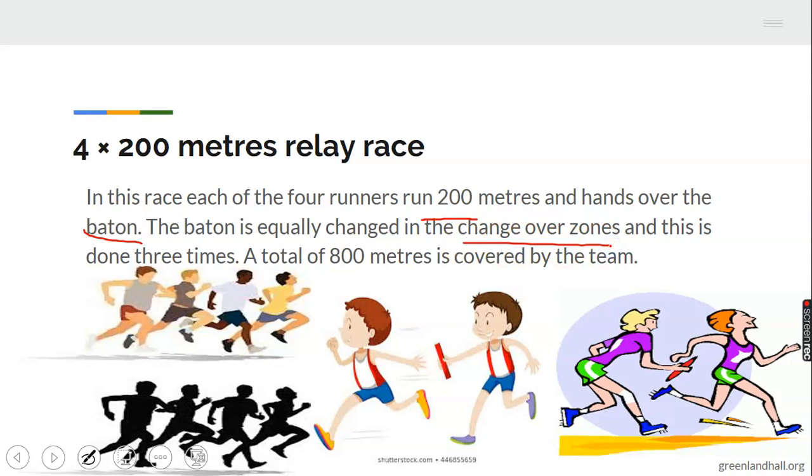And this is done three times. So a total of 800 meters is covered by the team, because this is a 4 by 200 meter race. The changing of the baton is done in the change zone.